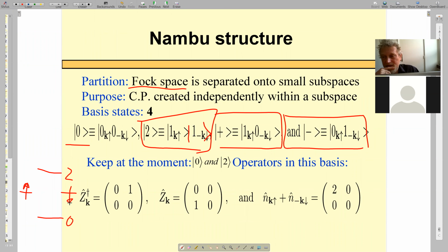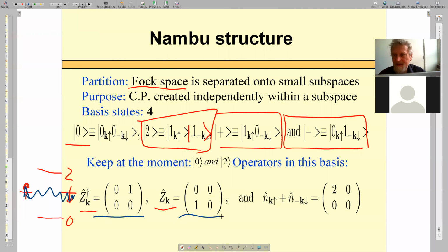The most important operator for us is the Cooper pair creation and annihilation. I would forget about these two states for a while and just consider two states: 0 electrons and 2. Then what the Cooper pair operator does is switch between 0 and 2. It just adds 2 quasi-particles to a number box. Therefore, it's an operator which I put here.